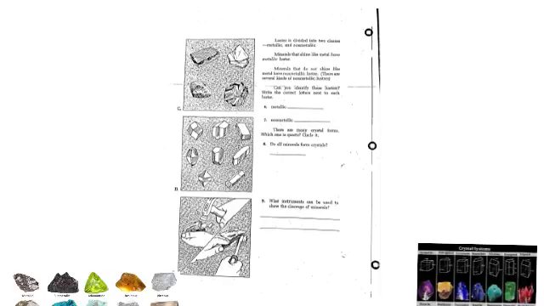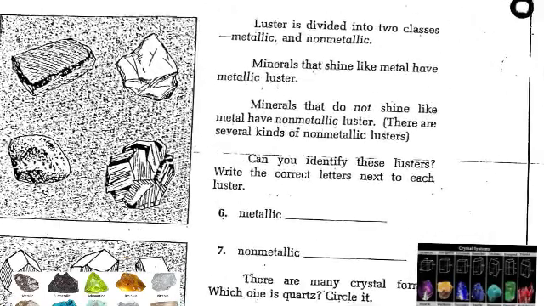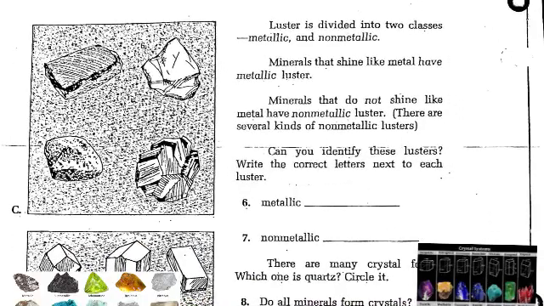All right, we're going to go look at the next page. I'm going to make this bigger so we can see the top of it. So here it says luster is divided into two classes: metallic and non-metallic. Again, this is a black and white picture, so you can't exactly determine which one's supposed to be metallic and non-metallic. There are letters here.